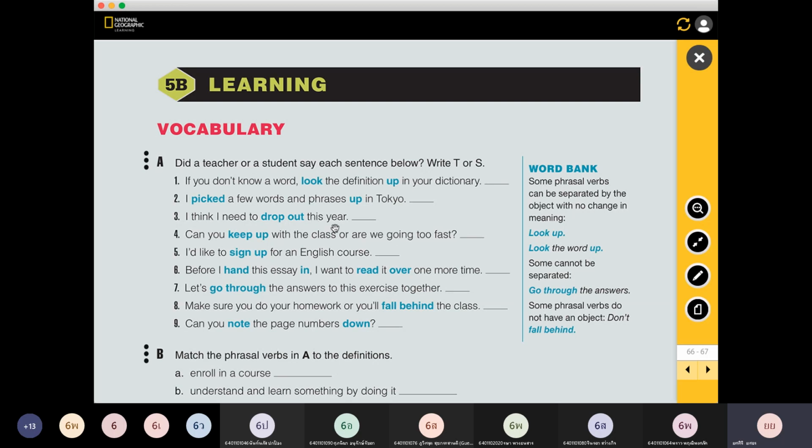Because you have look up, picked up, drop out, keep up, sign up, note down, something related to action, perhaps in the past.